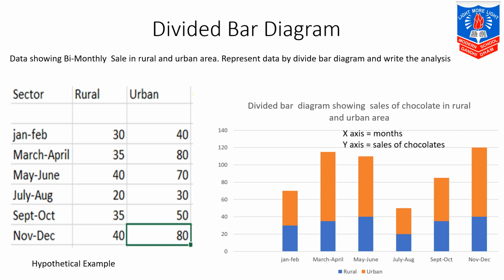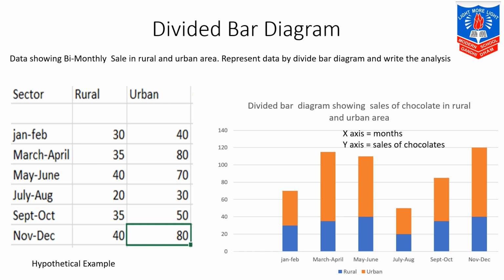Now as we did in the cluster bar diagram, same over here, we are supposed to segregate it. Sales in rural and sales in urban area, we are supposed to make the segregation over here, with the help of symbols. It will be your will and your wish.